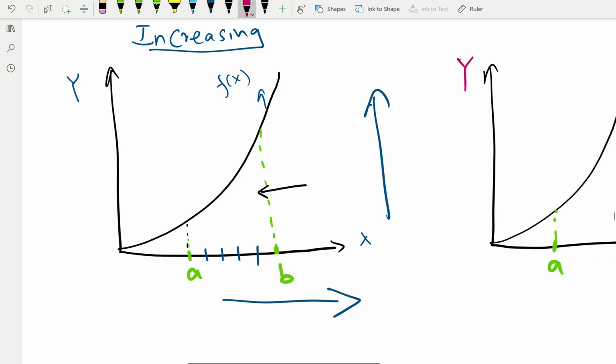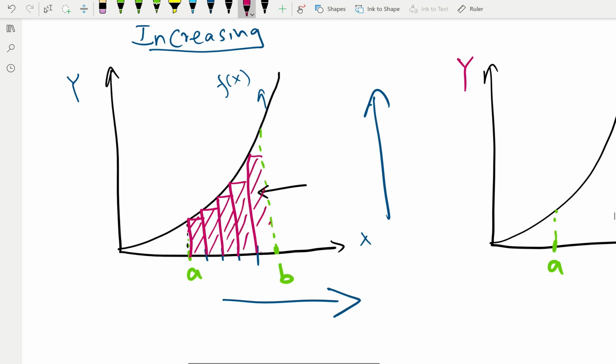Now left endpoint rule means you connect the leftmost point of each subinterval to the graph and create rectangles, right? Now see what happens. If I use the leftmost point, do I get an overestimation or an underestimation?